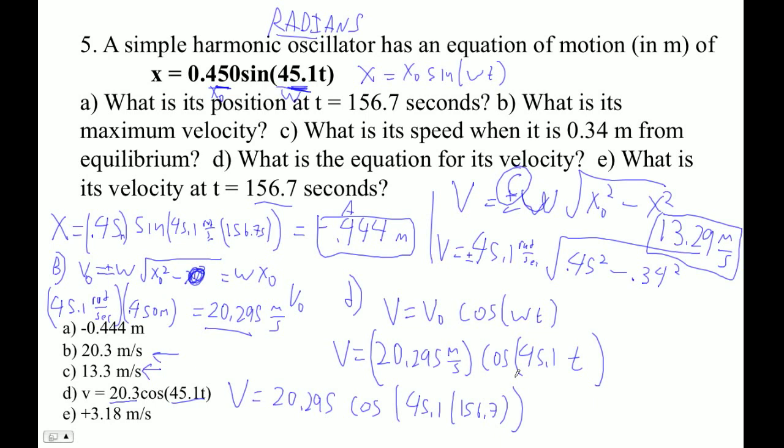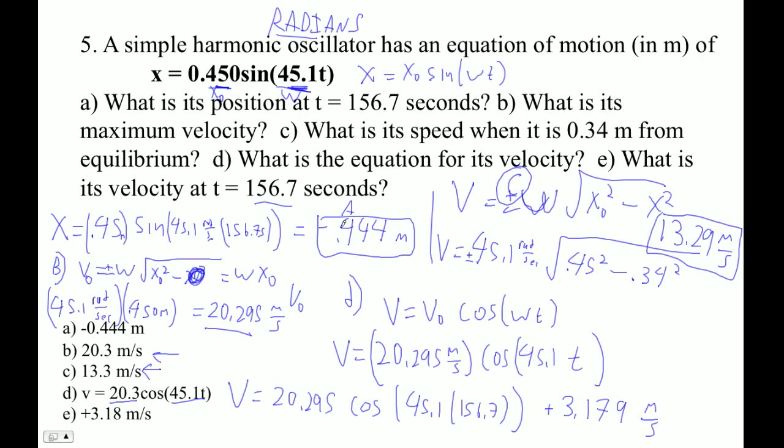So we pick some random time in the future, right? And we get that the velocity is positive 3.179. Oh, that's interesting. Okay. So it is, yeah. Okay. That's interesting. So this is our meters per second, right?